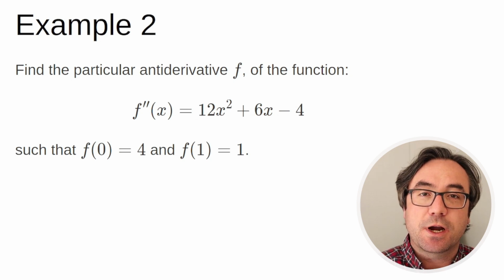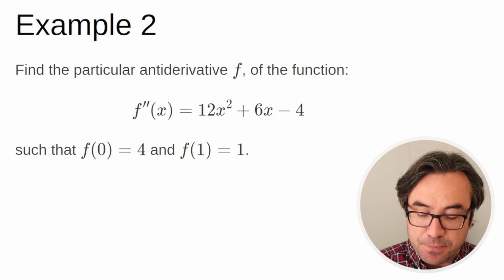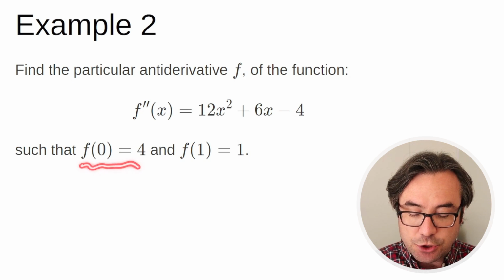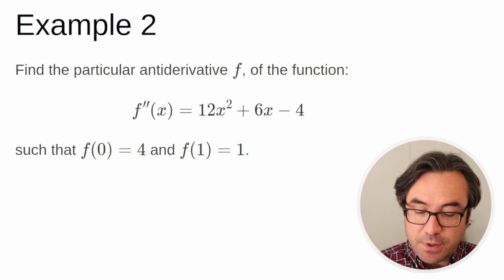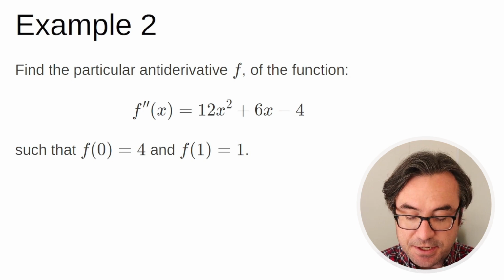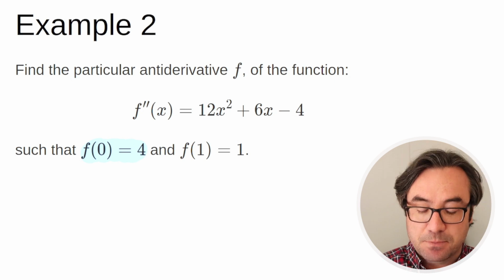And in order to recover the original function precisely, in this case we're going to need two pieces of extra information about that original function. Why we need two is because we've done the derivative twice.